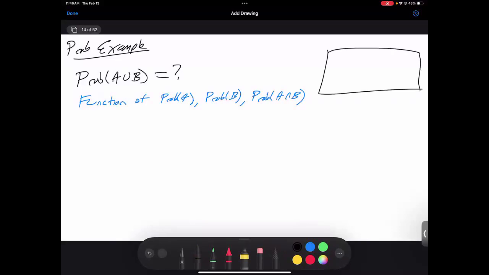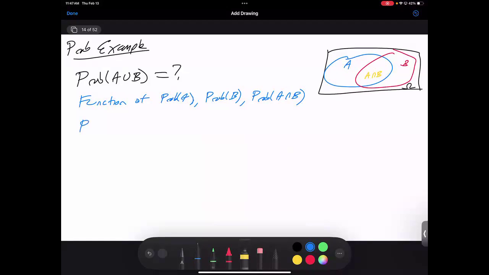And you know, the proof, of course, is not too bad if you know this is A over here, and this is B over here, and then this is A intersect B. Then the probability of A union B would be the probability of A plus the probability of B minus the double counted region. Let's try to sniff out a formula.